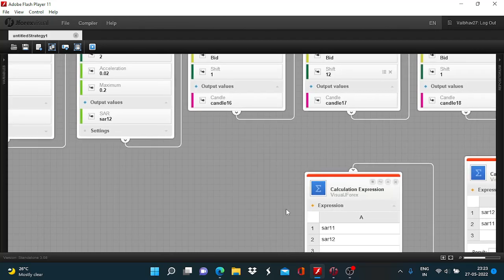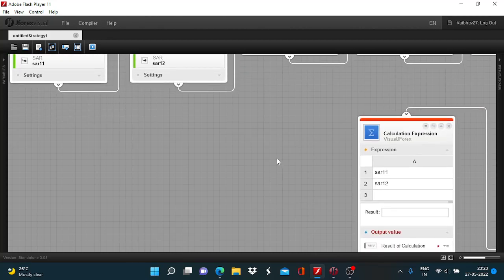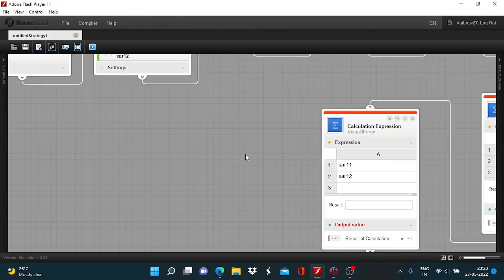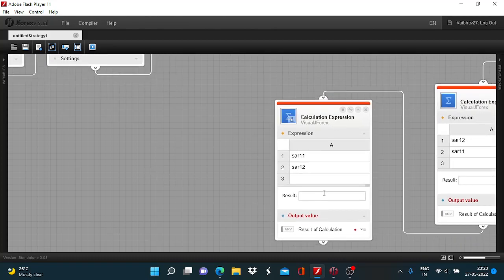So here I will name the first instance, first let's do it as per the Excel convention, A1 minus A2.